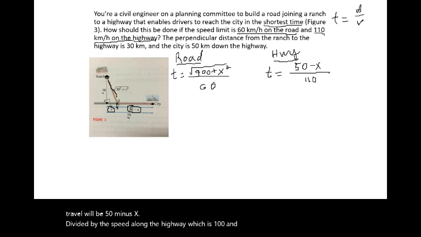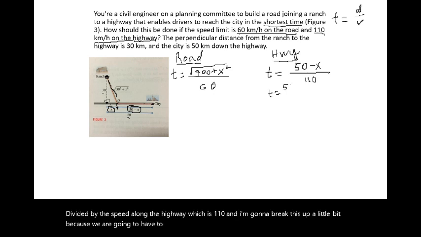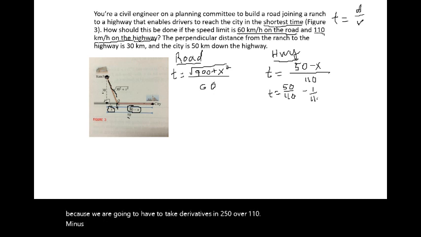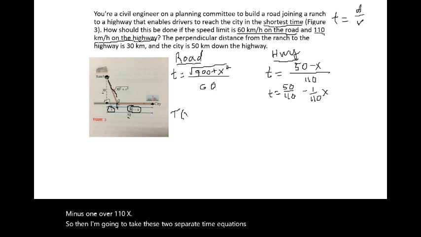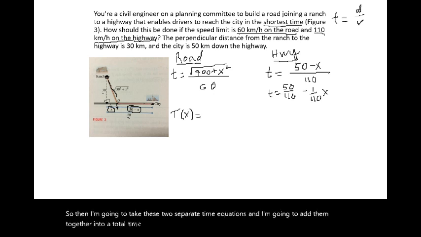And I am going to break this up a little bit because we are going to have to take derivatives: 50 over 110 minus 1 over 110x. So then I'm going to take these two separate time equations and add them together into a total time equation. And I'm going to do a little bit of rewriting, just keeping in mind derivatives.